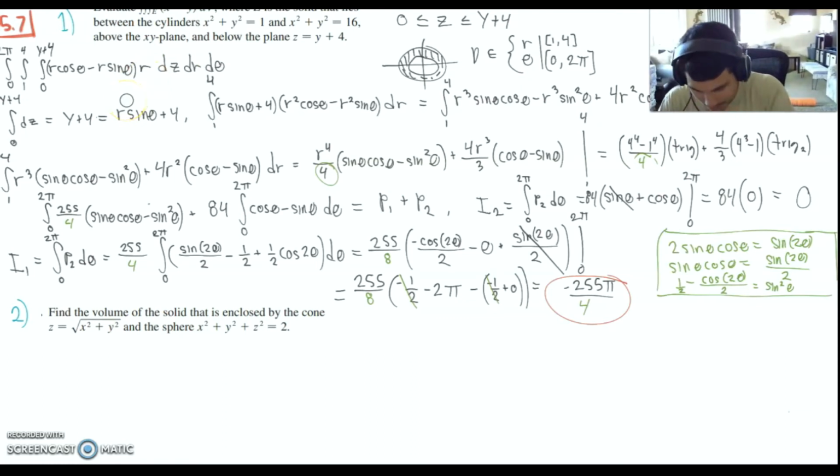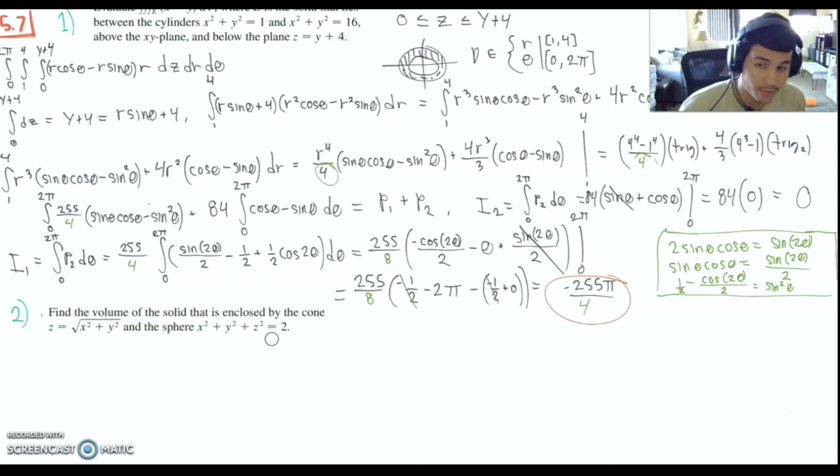If we read this, we have a cone and we have a sphere, and they both are actually centered at the origin. They both start at the origin. It's not shifted here. We don't see any shifts. And we want to know the volume of the solid enclosed by both of those shapes. Now, what makes this problem hard, in my opinion, is what's bigger, the sphere or the cylinder?